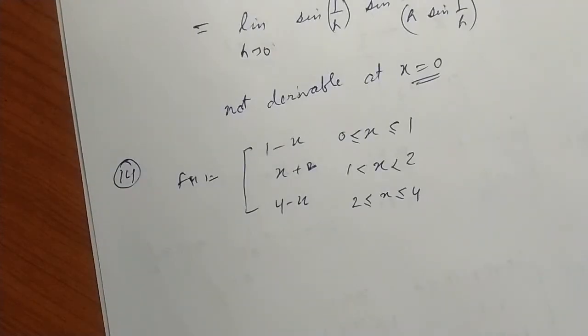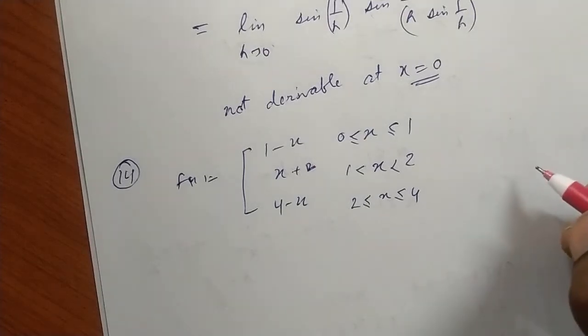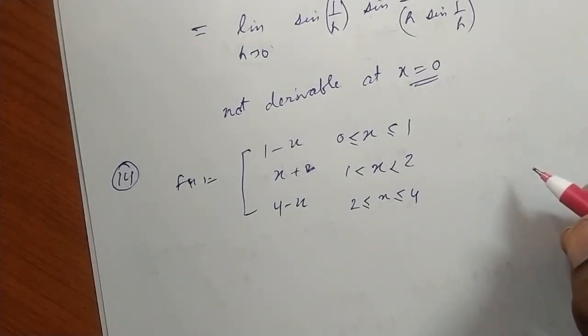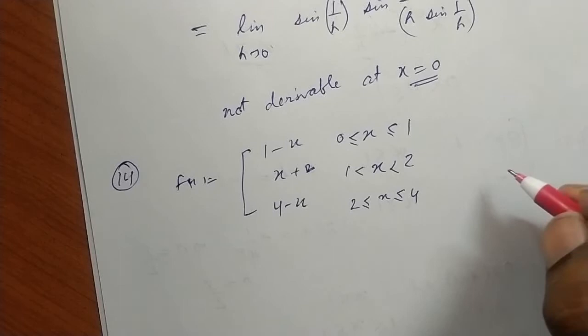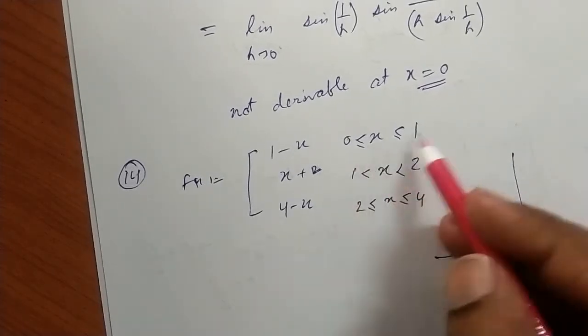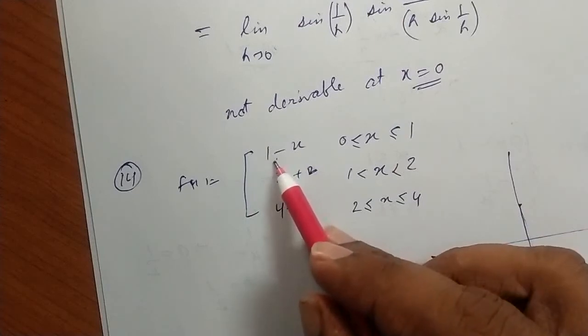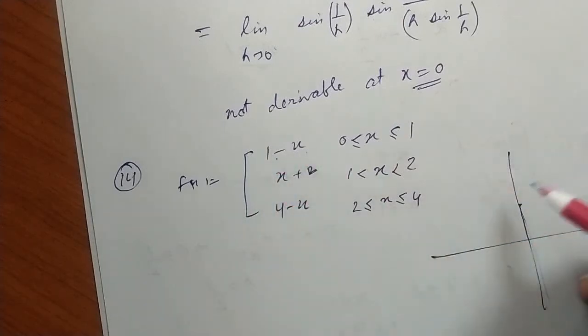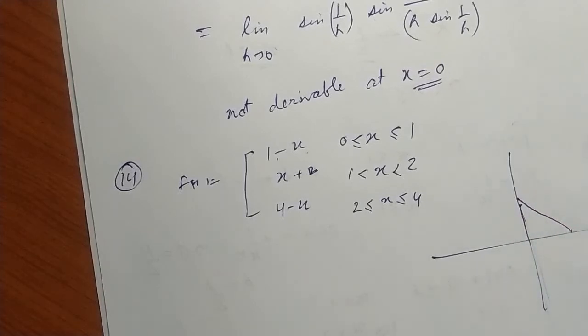Okay, so for this first we need to calculate f of f of x. Let's draw the graph first. When it is between 0 to 1, it is a line of slope -1, this one.